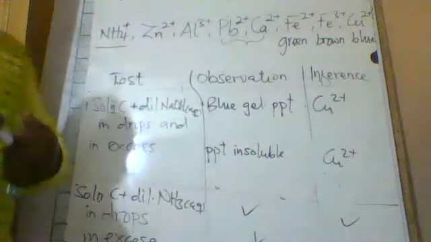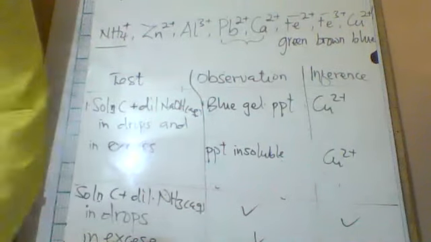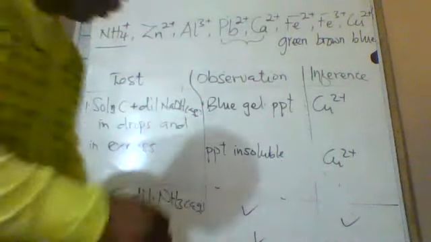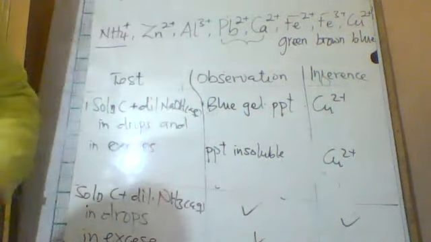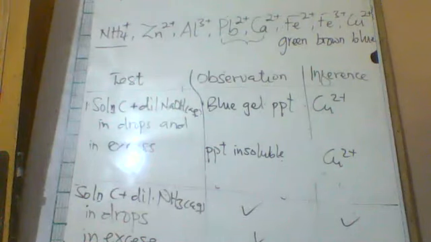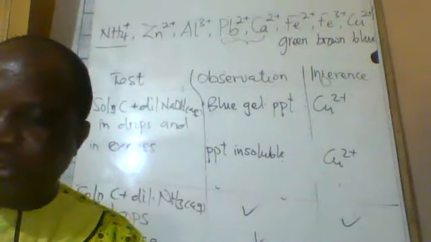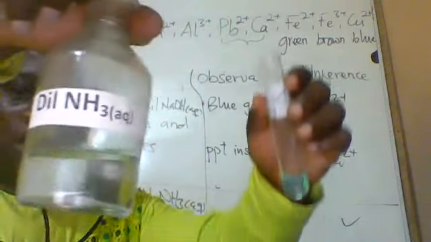That is Cu2+. No competition. It is not this or that. But if you use ammonia, ammonia in drops will give you light blue gelatinous PPT. When you add in excess, the PPT dissolves.